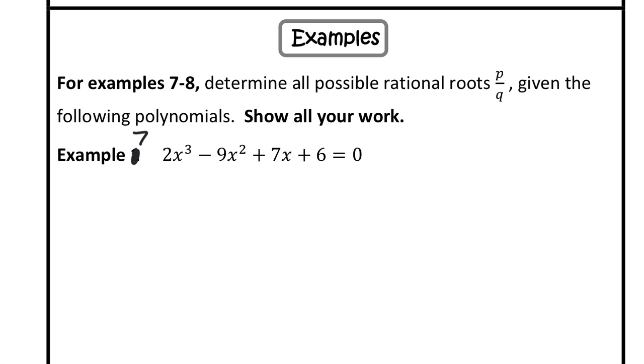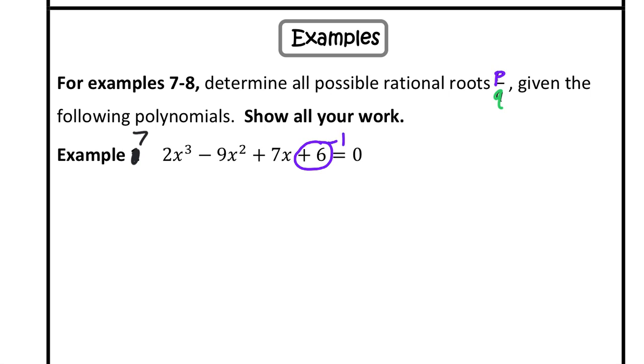So the idea here is, what is going to be your p, what's your q? So again, p's and q's, p over q's. So p's come from the constant term. So if I look at all the terms, I have 1, 2, 3, 4 terms. The constant term is the term that doesn't have an x on it. So in this case, it's positive 6.